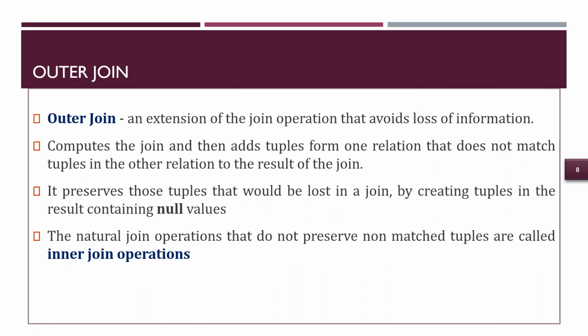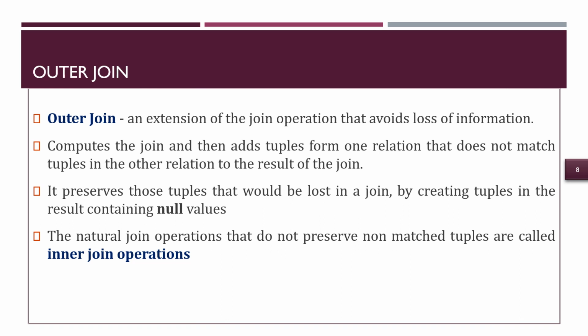Till now we discussed a type of inner join called natural join. The natural join operation selects only those tuples that have a match in their common attribute. So the non-matched tuples will be eliminated in the inner join.